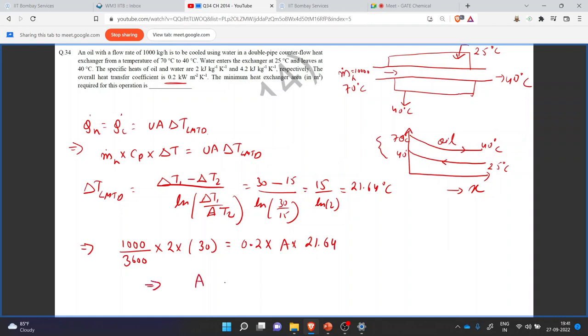Basically, the heat exchanger area will be given as 3000 upon 3600 times 0.2 times 21.64. This will come around 3.85 meters square.